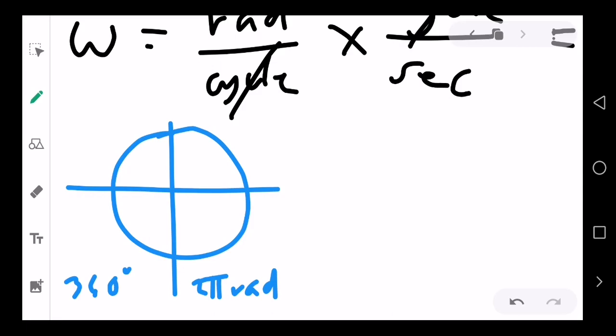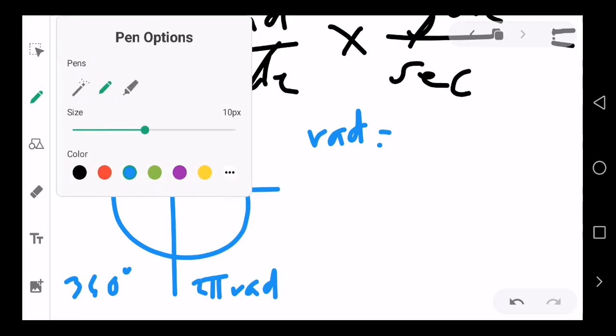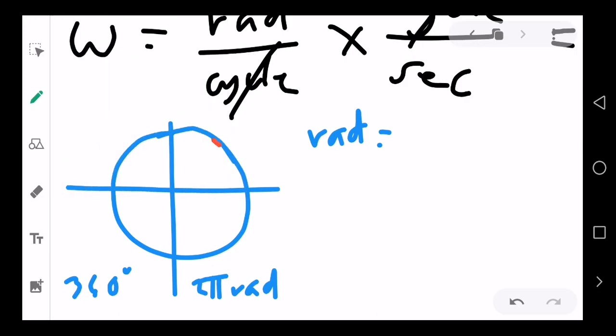Let's define radians first. Radians is equal to the arc length over its radius. That is what we call radians.